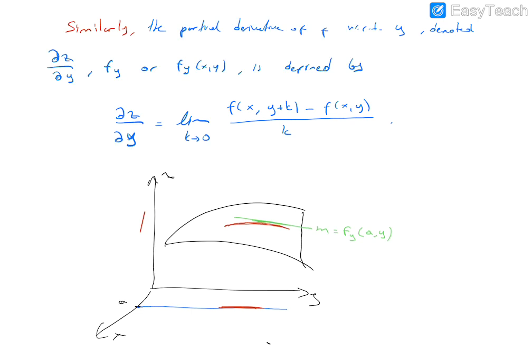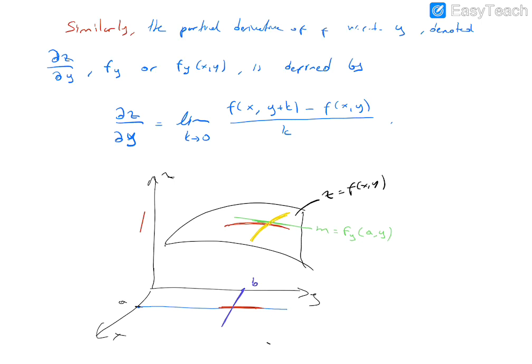If you fix y equals b, for example here, then x changes along this line, and we have this curve on the surface. Actually the surface is z equals f of x, y.